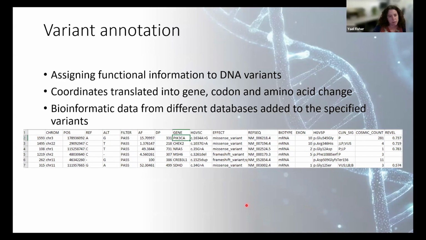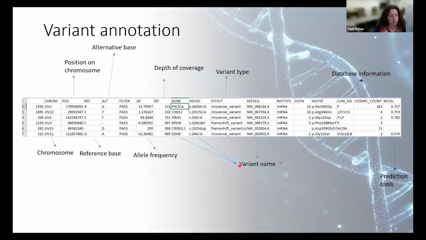Now, these annotated files can be different depending on the bioinformatic pipeline that you have, but this is just an example of how it might look. It starts with the chromosomal location, with the number of the chromosome and the position on the chromosome.